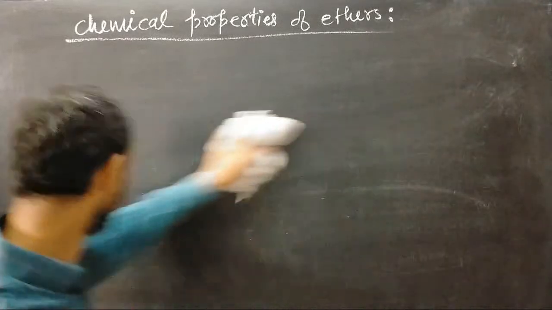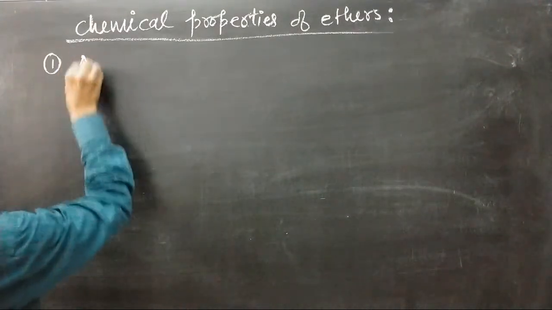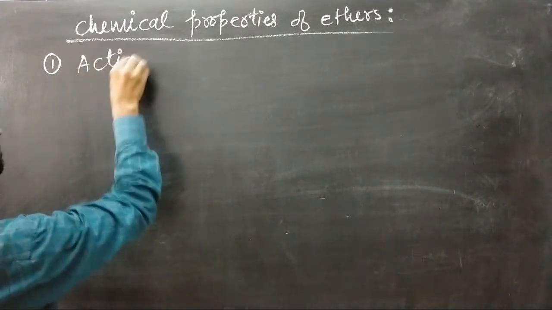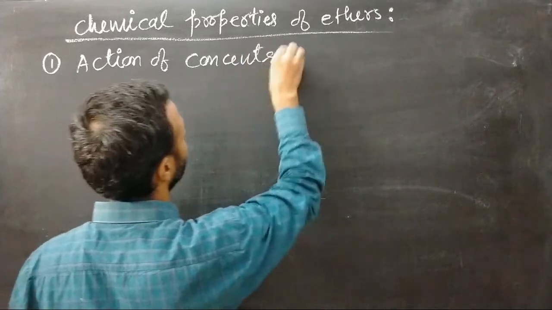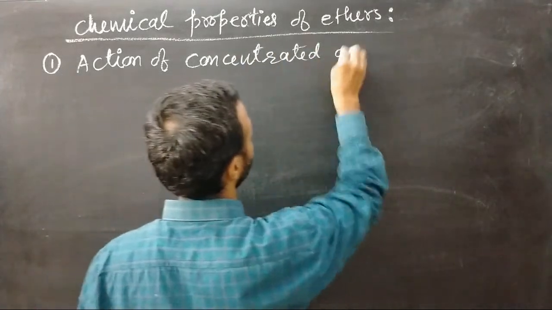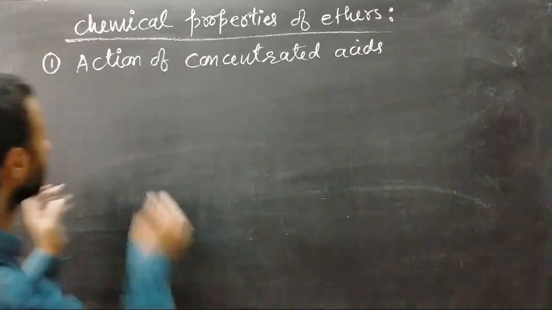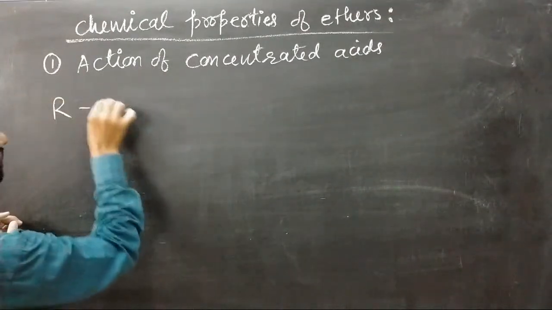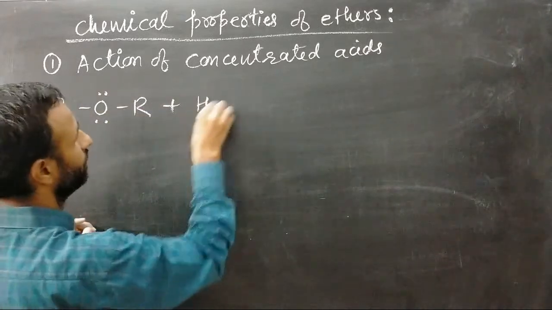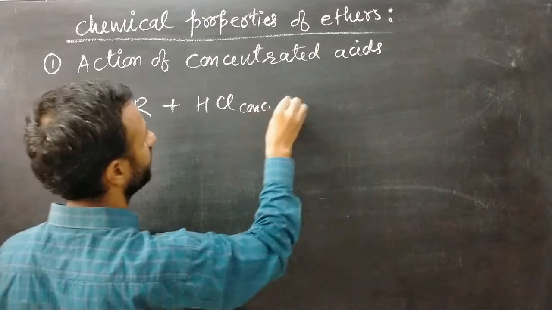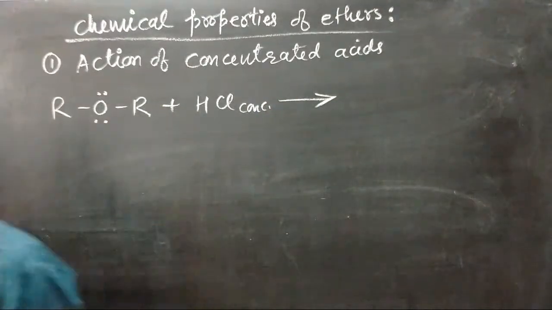with acids. Okay, action of concentrated acids, that we have seen that when ether reacts with concentrated HCl. So tell me, what is the product formed?